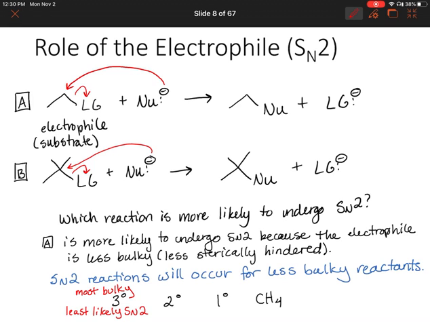And then a methane molecule is the least bulky, so it is most likely to undergo SN2. And then primary will be the next most likely SN2 reactant, followed by secondary, and then tertiary is the least likely.